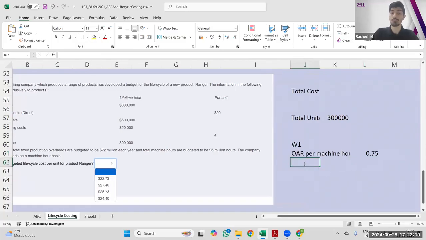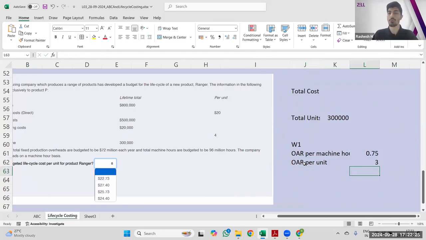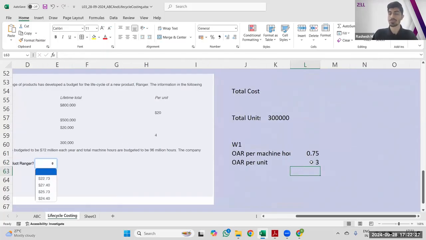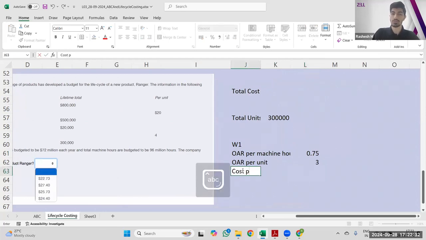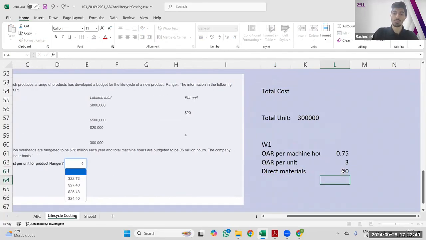How many hours does my product use? 4 such hours. So it is 0.75 into 4, and my overhead absorption rate is 3. My manufacturing cost, direct materials, is 20. So my cost is 23.